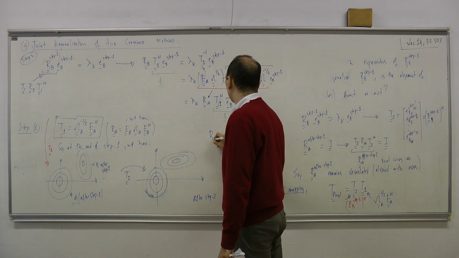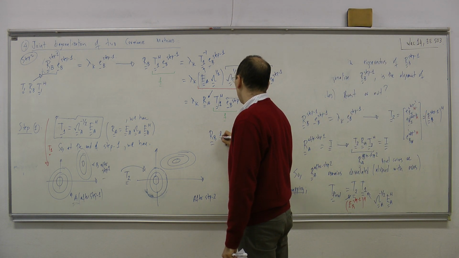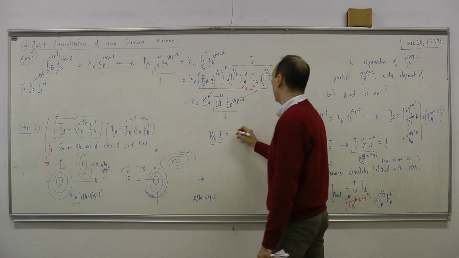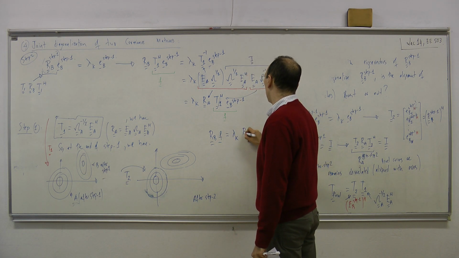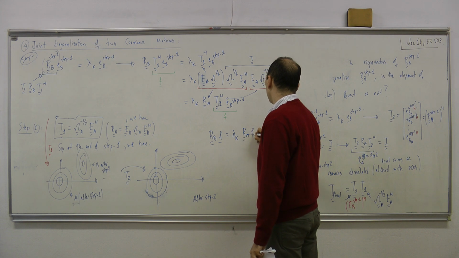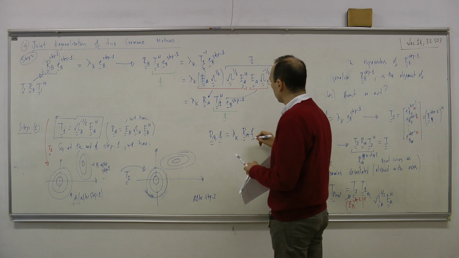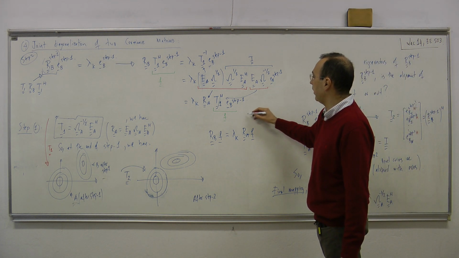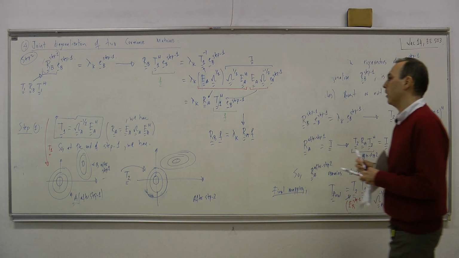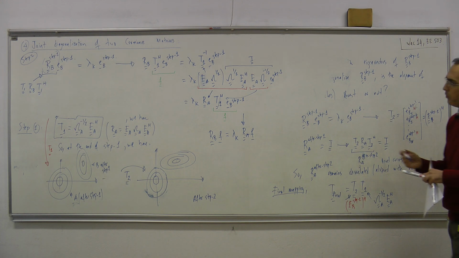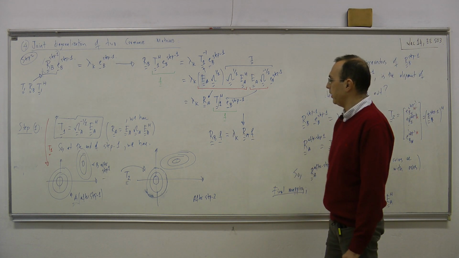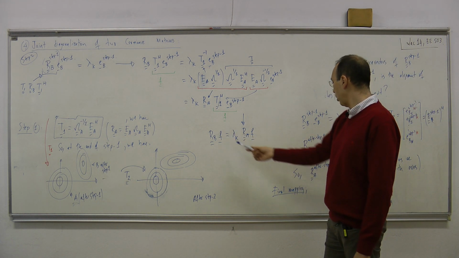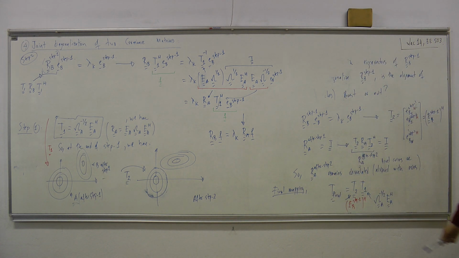I have RB times F is equal to lambda k RA times F. Okay. If I call this an F vector, at the end, I get something like this. So you may wonder, what is the purpose of defining F, but at the end, F will turn out to be our final mapping. Okay.